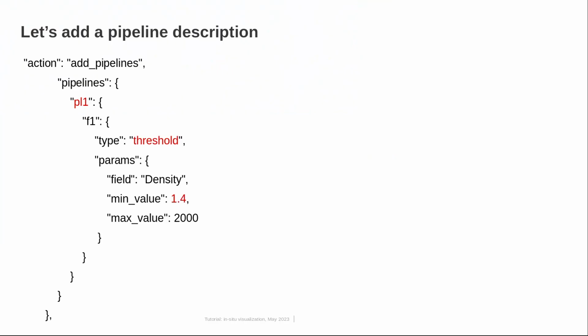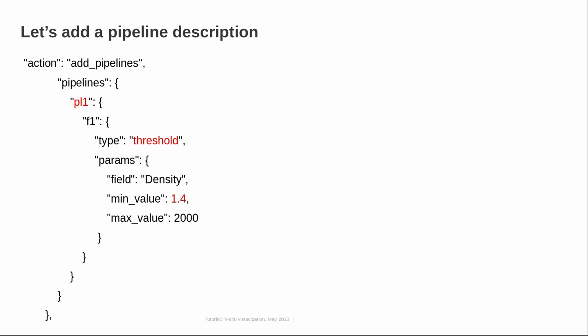So you can imagine now that this pipeline, instead of having only the threshold operation, I could have multiple operations. And in Ascent, this is how I would do it. I would define one pipeline with an operation called F1. And then immediately after, I would open a second set of braces with a different operation, which by default will take the output of the first algorithm and pipe it to the second algorithm.